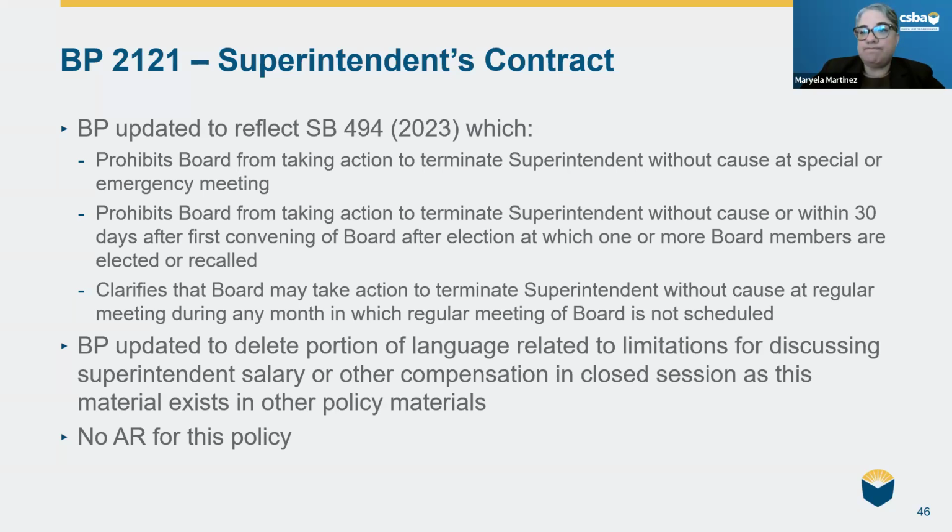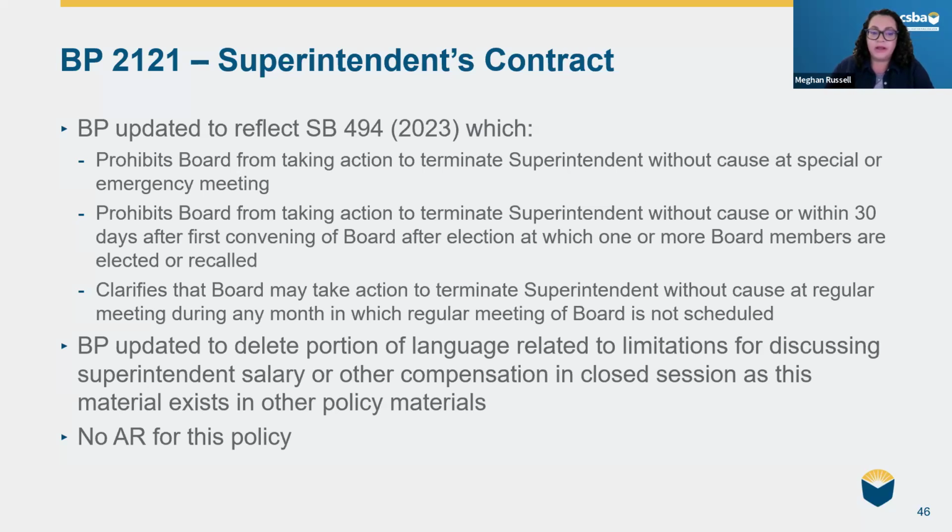Thanks, Maryela. So as Maryela just discussed, there are certain prohibitions that SB 494 provides for in law, and that we have updated the BP to include, and that includes prohibiting boards from taking action to terminate the superintendent without cause at a special or emergency meeting, prohibiting the board from taking action to terminate the superintendent without cause within 30 days after first convening of a board after an election at which one or more board members are elected or recalled.